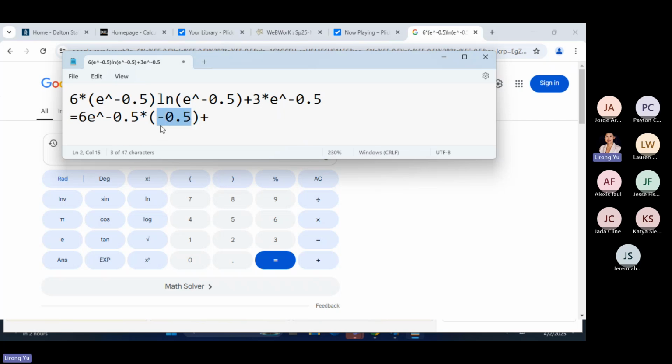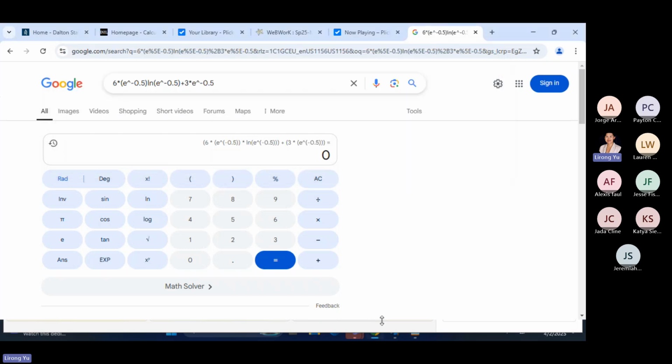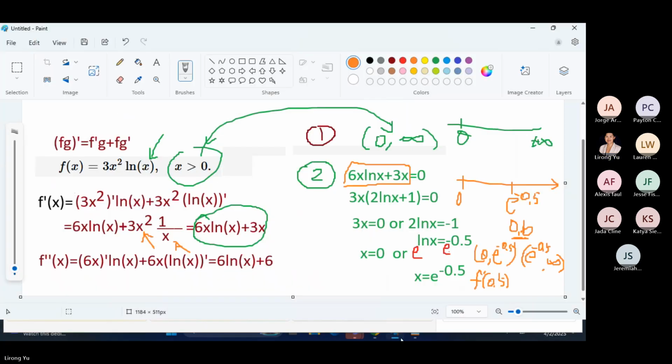The 6 times the negative 0.5 gives you negative 3. Here we have positive 3 of e to the negative 0.5 and here we have negative 3 of e to the negative 0.5. That's why they're opposite, so the total is actually 0. What does that mean? It means the derivative is 0.